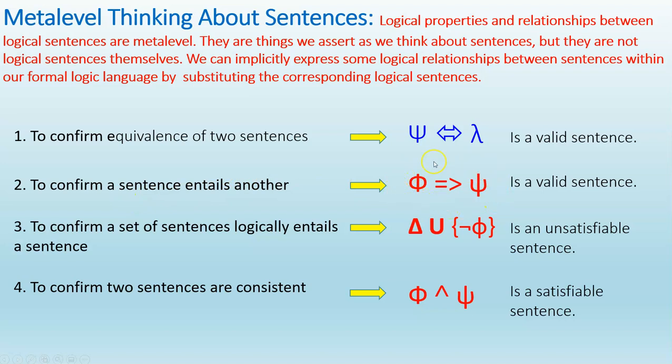Talk about this sentence. If you want to talk about a set of sentences entailing another sentence, then make a new set of sentences and see if it's unsatisfiable. You want to confirm two sentences are consistent? Find out if the conjunction of those sentences is satisfiable. So what we've done is we've taken the meta-level talk about logical sentences and turned it into logical sentences. That is the only way that we're going to be able to deal with proofs rigorously.